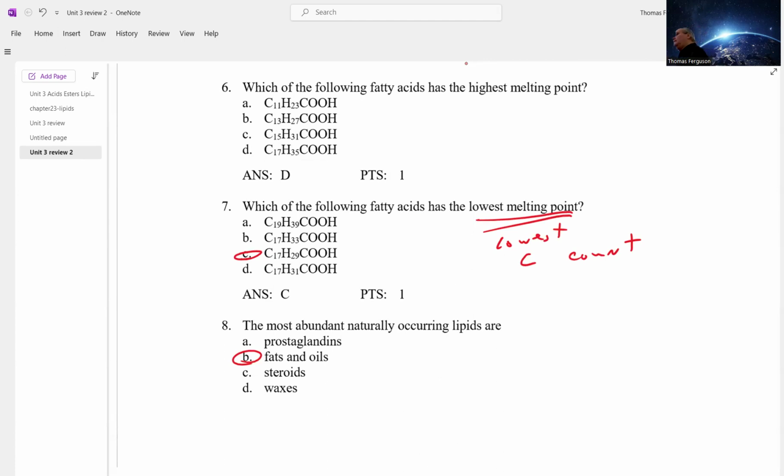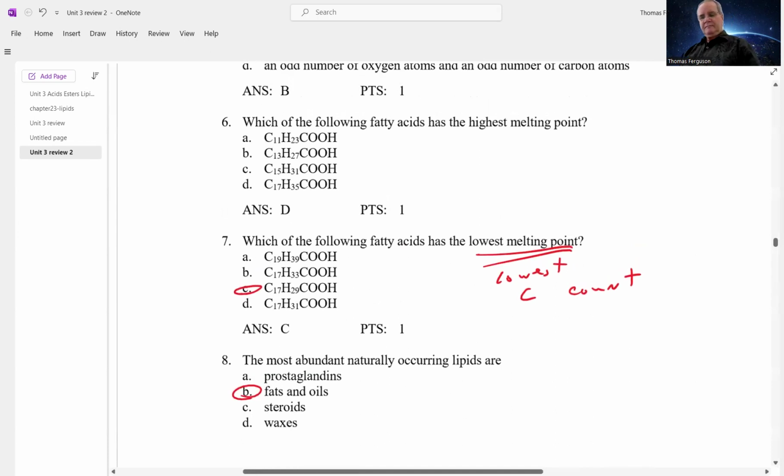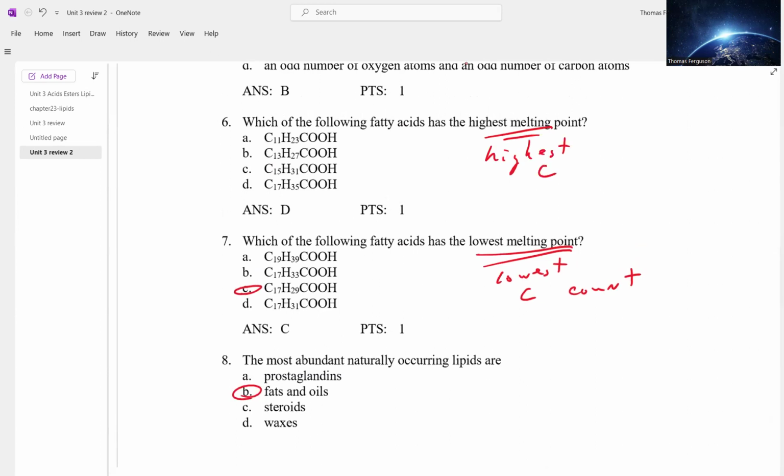When you have a double bond in there, it also lowers the melting point, even if the carbon numbers are greater. That's why they were very specific in listing only saturated fats. And this would be the highest carbon count. So you're looking at now D.